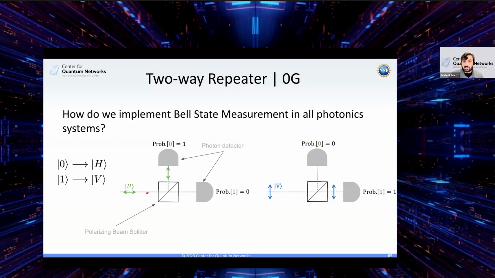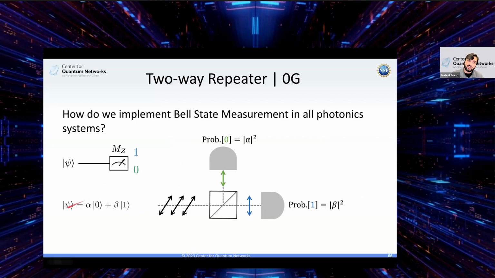So let's say we have a state psi, alpha 0 plus beta 1, and we are measuring it in the computational basis with 1 and 0. When this state comes here, it would have a detection event at one of these two detectors, and the probability of finding a detection event would be mod alpha squared for the horizontally polarized light, and mod beta squared for the vertically polarized light.